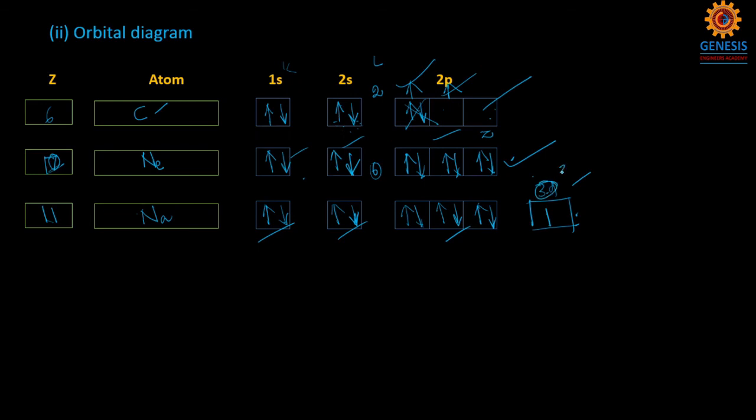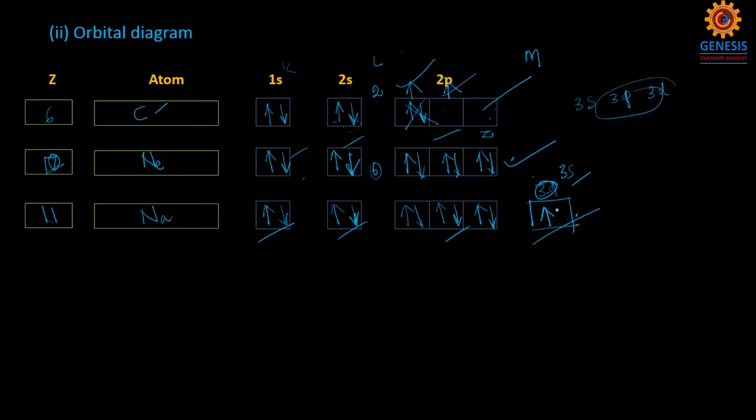L has only 2 subshells; M has 3s, 3p, then 3d, like that. The first shell is s, and in this s there is only 1 electron.